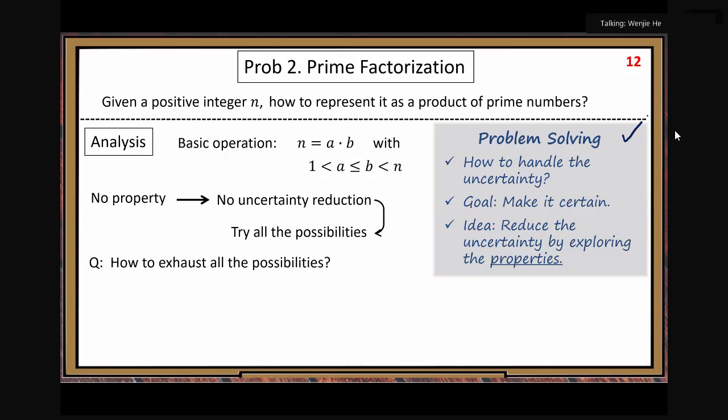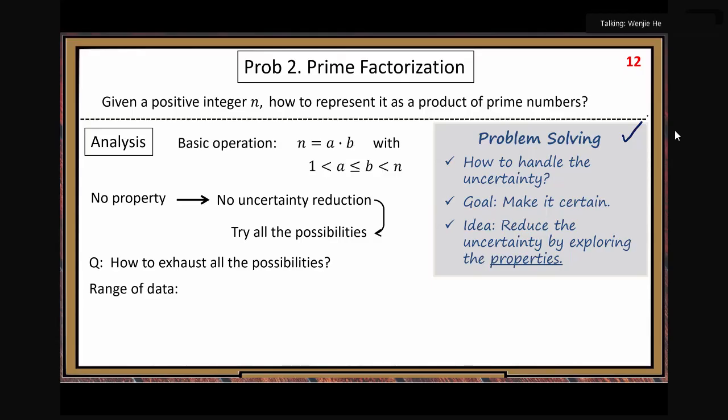Later in chapter 2, in module 2, this method we call the brute force method. Okay? Brute force, we exhaust all the cases. That's the brute force method in our module 2 topic. Here, we need to exhaust all the possibilities.